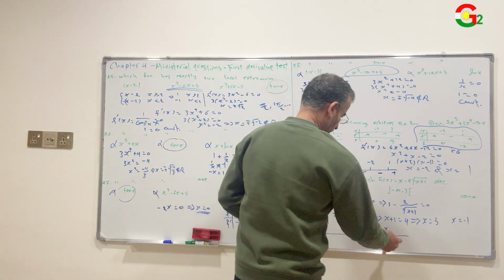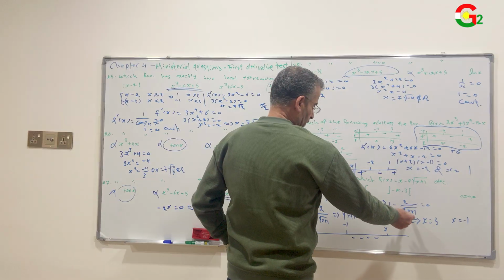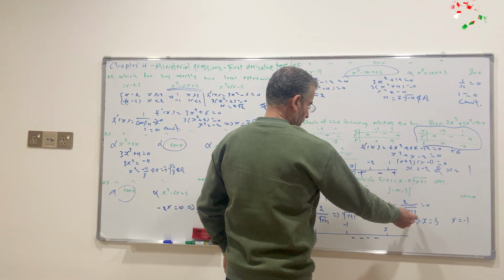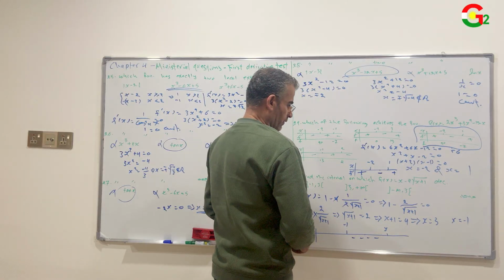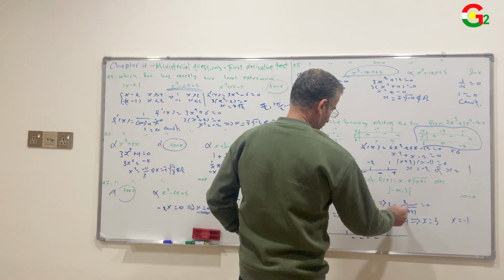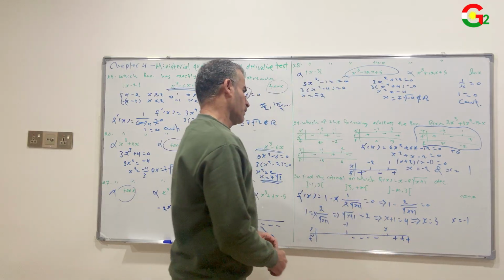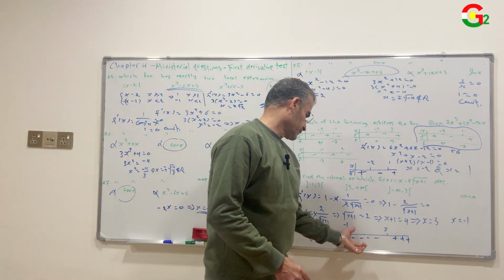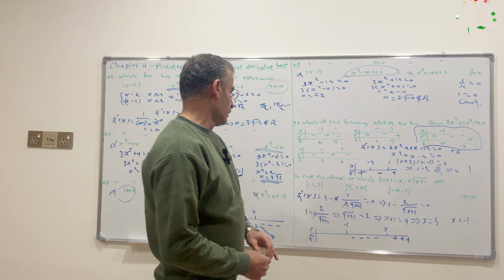When x is greater than 3, take 8, 8 plus 1 is 9, square root of 9 is 3, 1 minus 2 over 3, it is a positive value. Therefore, the decreasing interval is from negative 1 to 3, an open interval.